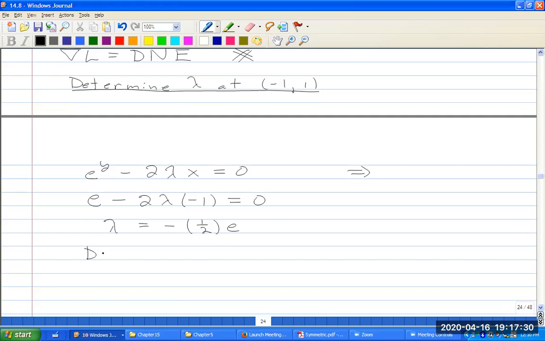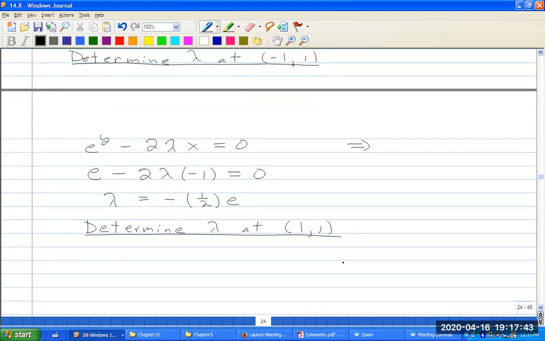Okay, let's see what happens at (1, 1). Determine lambda at (1, 1). Again, e to the y minus 2 lambda x equaling 0. I have that one equation.